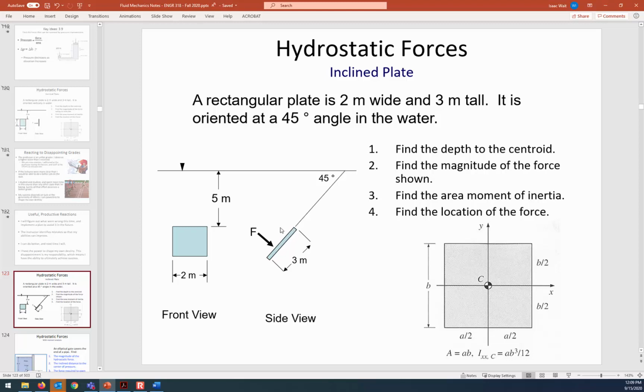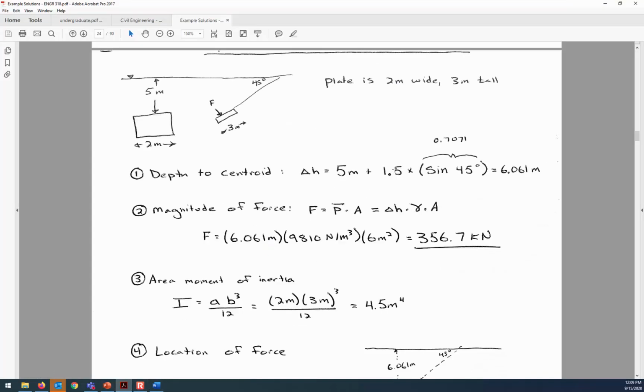We want to know what's the vertical component of that 1.5 meters. So it's going to be less than 1.5 meters. It's 1.5 multiplied by the sine of 45.